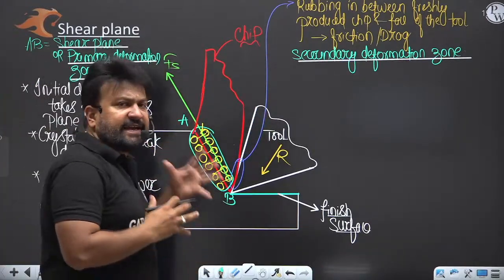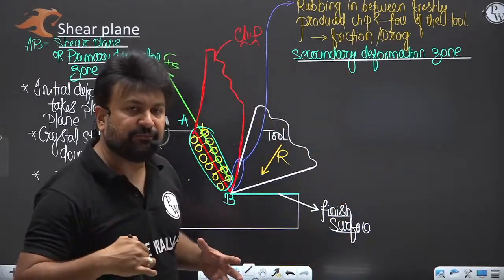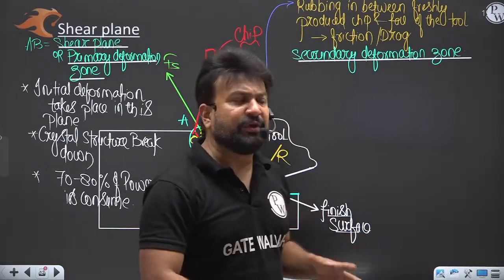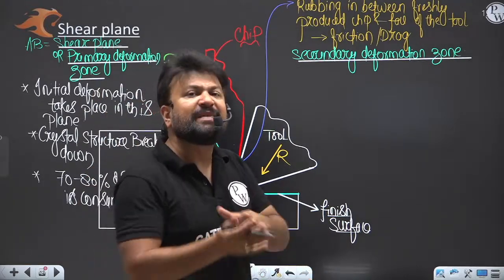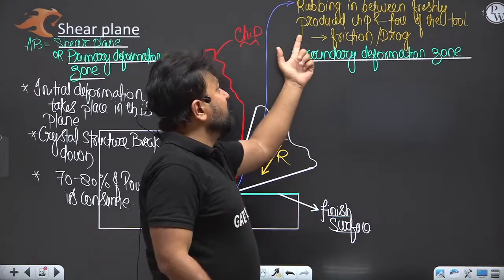Now in the secondary deformation zone, due to friction between the freshly produced chip and the face of the tool, listen to me carefully, Jayesh Patel. Basically there is a drag.